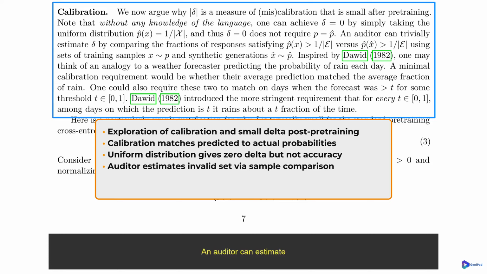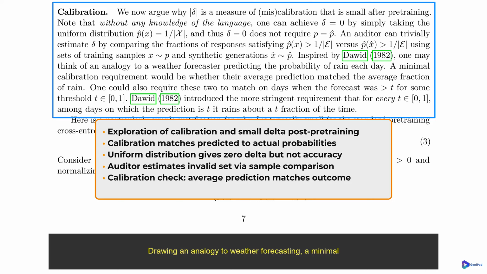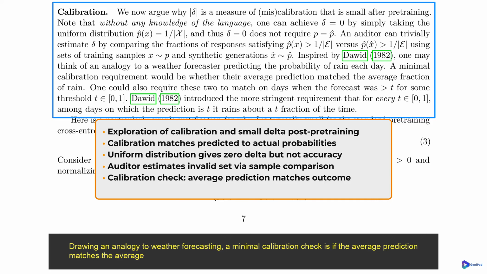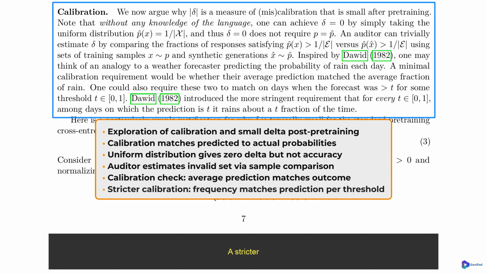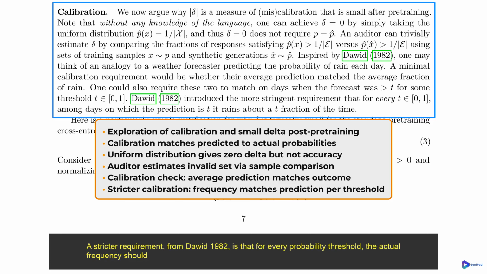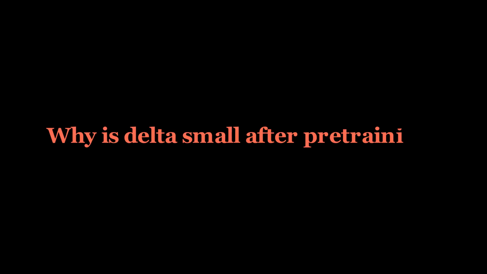An auditor can estimate the invalid set by comparing samples from the training distribution and synthetic generations. Drawing an analogy to weather forecasting, a minimal calibration check is if the average prediction matches the average outcome, like rain frequency. A stricter requirement from Dawid 1982 is that for every probability threshold, the actual frequency should match the prediction on days with that forecast.